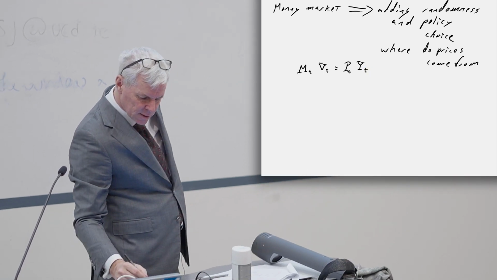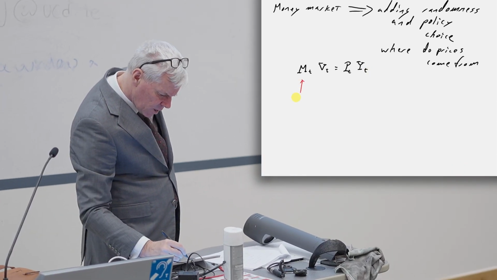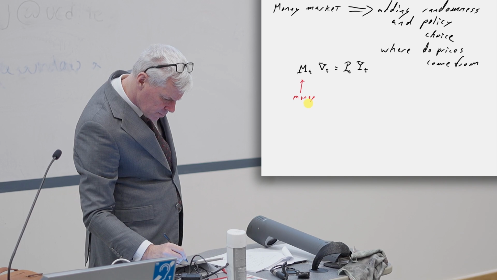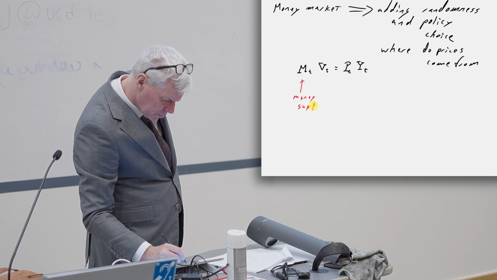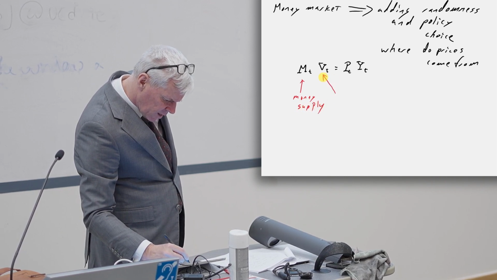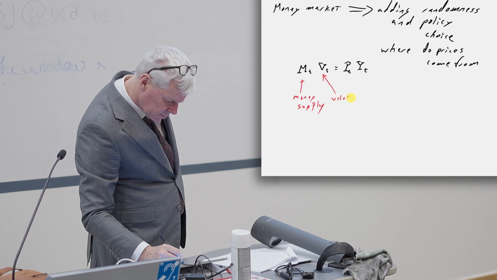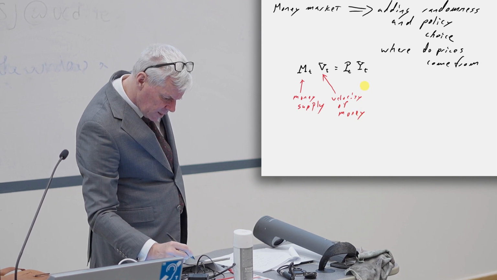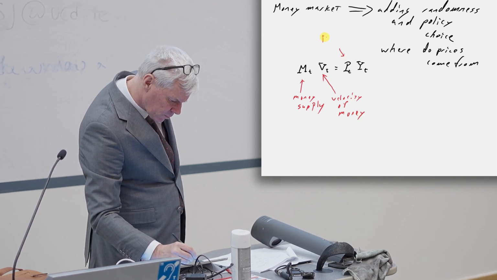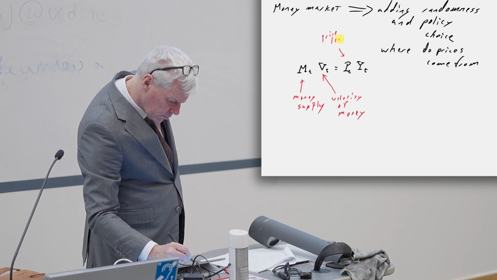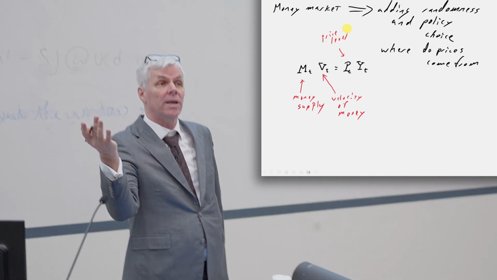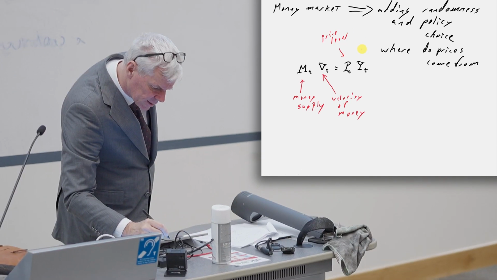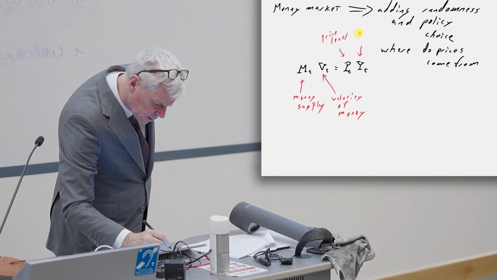Okay, this is the money supply. This is velocity. This is the price level. You can think the consumer price index, for instance, and this is things purchased.